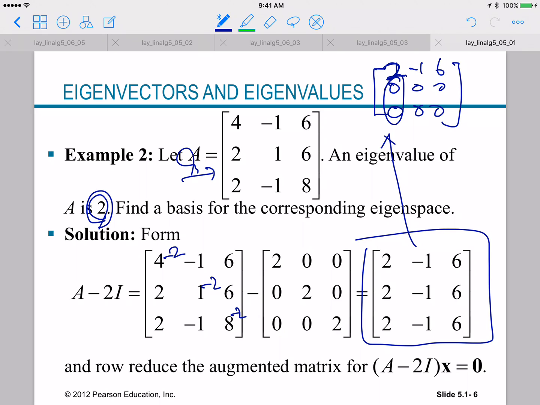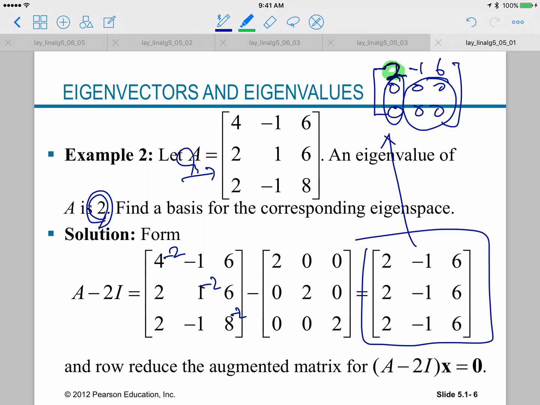Suddenly, those values became all 0, so by using just one step we already obtained the echelon form, not the reduced echelon form. Here we can see the pivot only exists in the first variable, x1, and the second and the third ones are free variables.